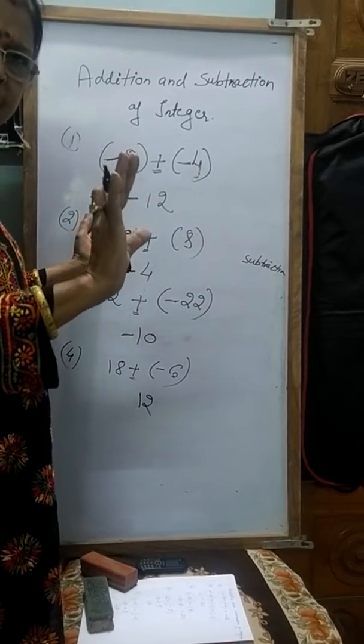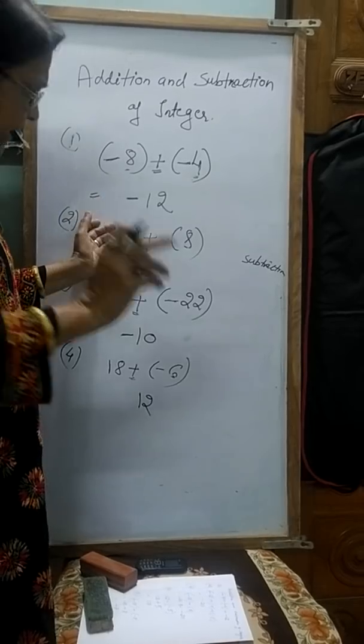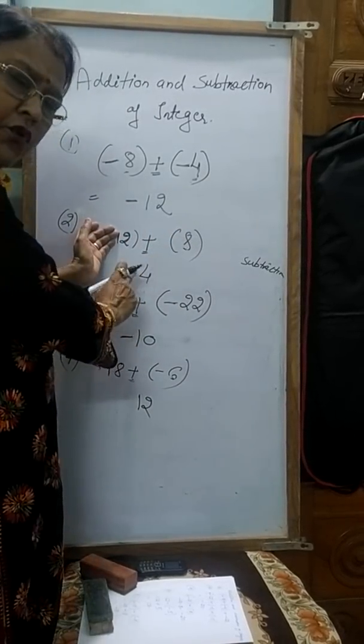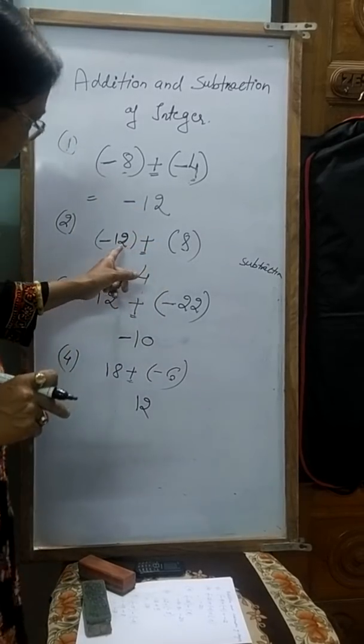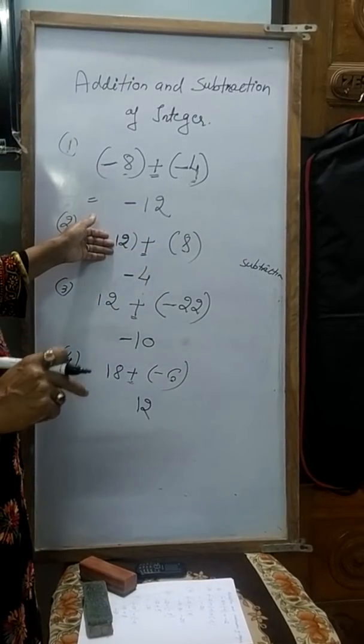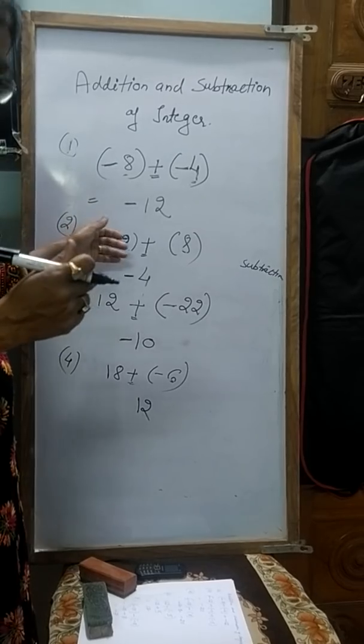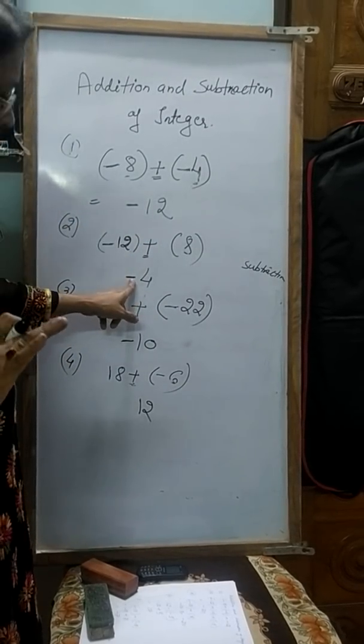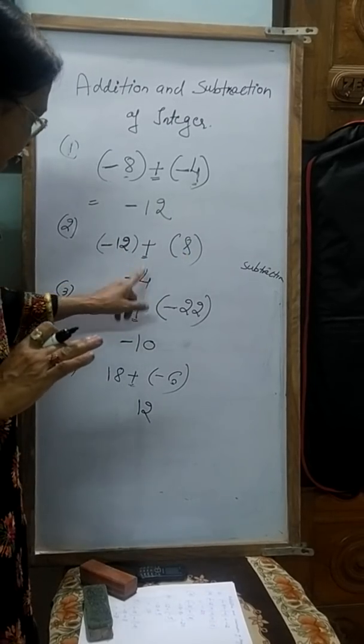Don't see the sign first. Only subtract 12 and 8. 12 minus 8 is equal to 4. And then दोनों में जो नंबर बड़ा है और उस बड़े के आगे जो साइन है, वो साइन you have to put in the answer. So here it is minus 4.